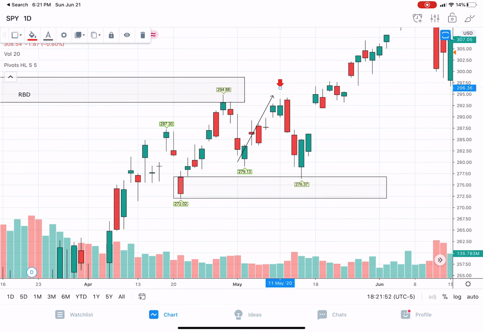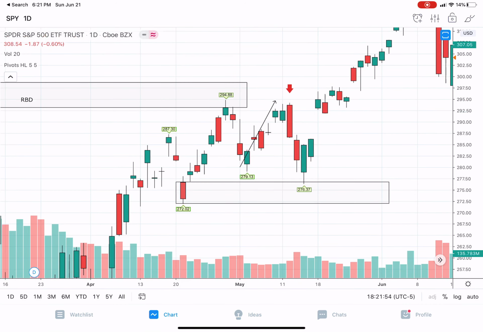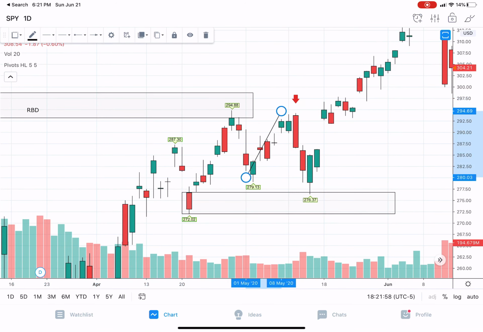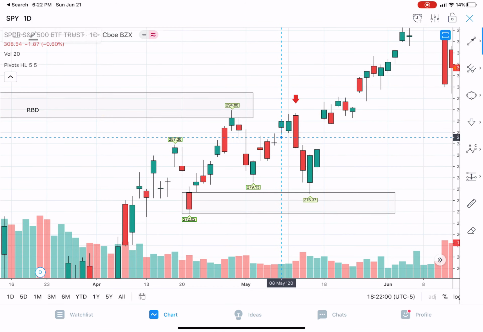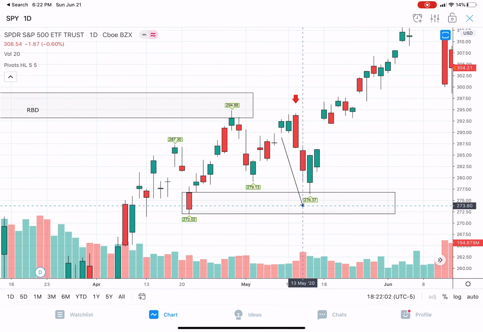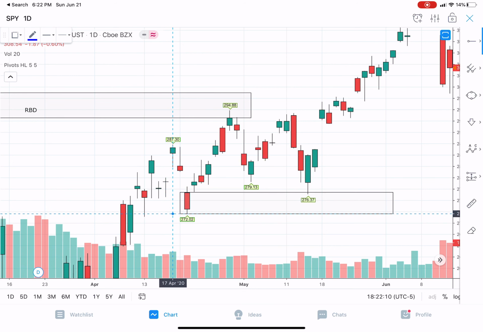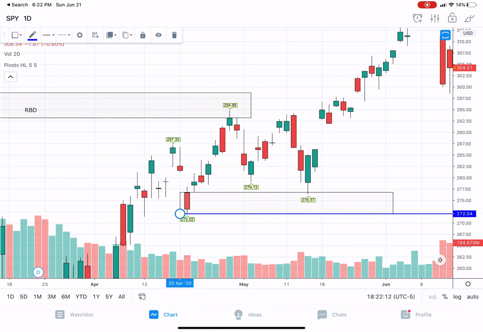And again, I typically say that these imbalances act as magnets to price. And look what happened. We eventually got the sell down into demand here. And again, same thing. Now our key low would be placed above this low.